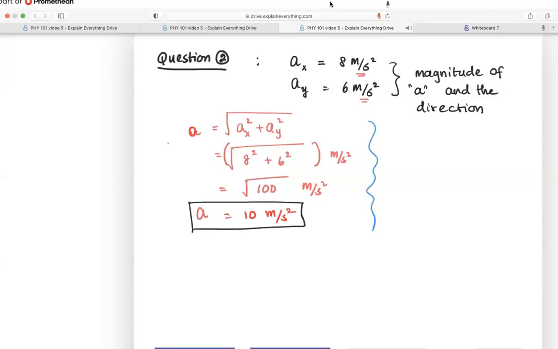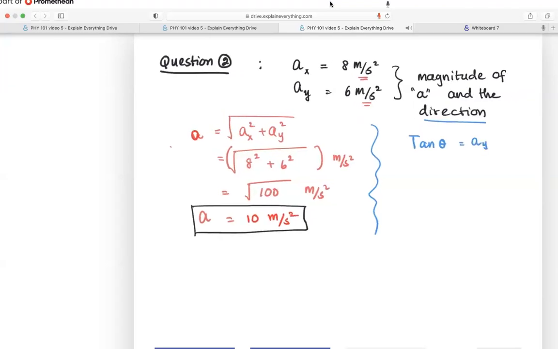And then the second part asks us to find the direction, and direction is given by tan theta, and that equals the y component over the x component. I was writing by, but we don't have to write by, we can simply write a in this case, ay over ax.